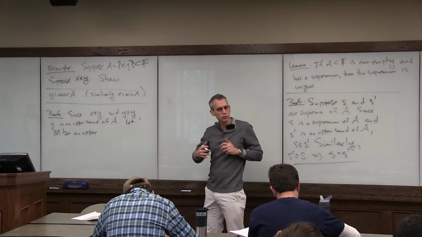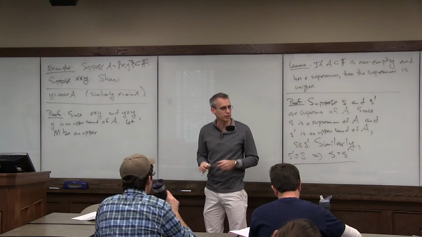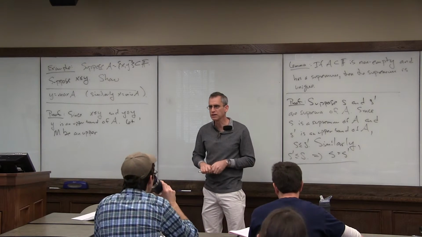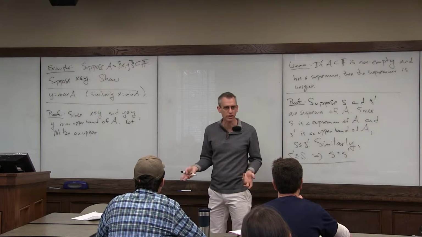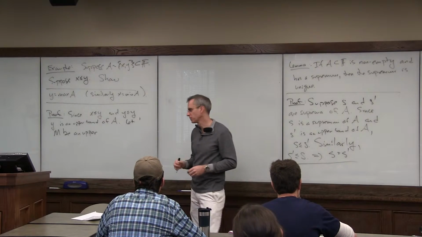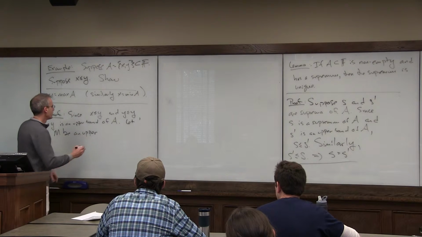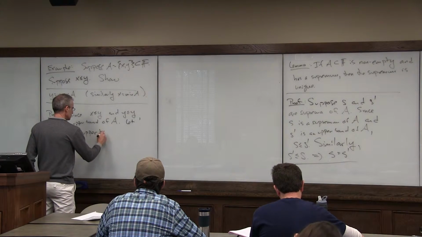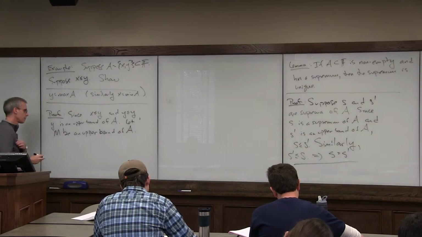If you just know where to start, you can usually find your way through it. When you get stuck on these, it'll usually be because you're not starting with the statement that you need to start with, or you're not finishing with what you need to finish with. Let M be an upper bound of A, good opening line.